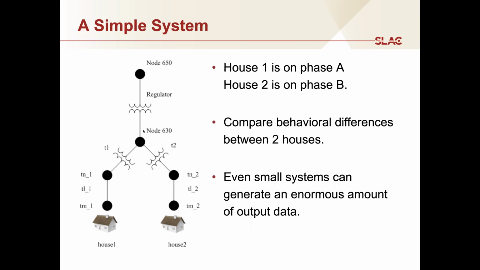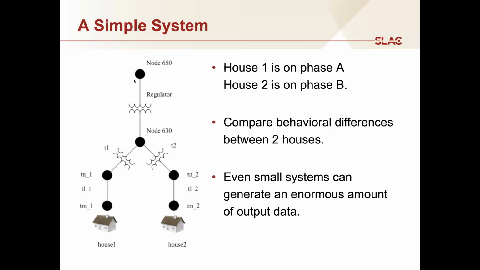And so when you run a simulation in a system like this, it's really quite surprising how much data you can get out of it. Essentially, in Gridlab-d, every property of every object can be measured. If you look at a house, for example, it has more than 100 properties that you can set, many of which will evolve over time in response to changing conditions.